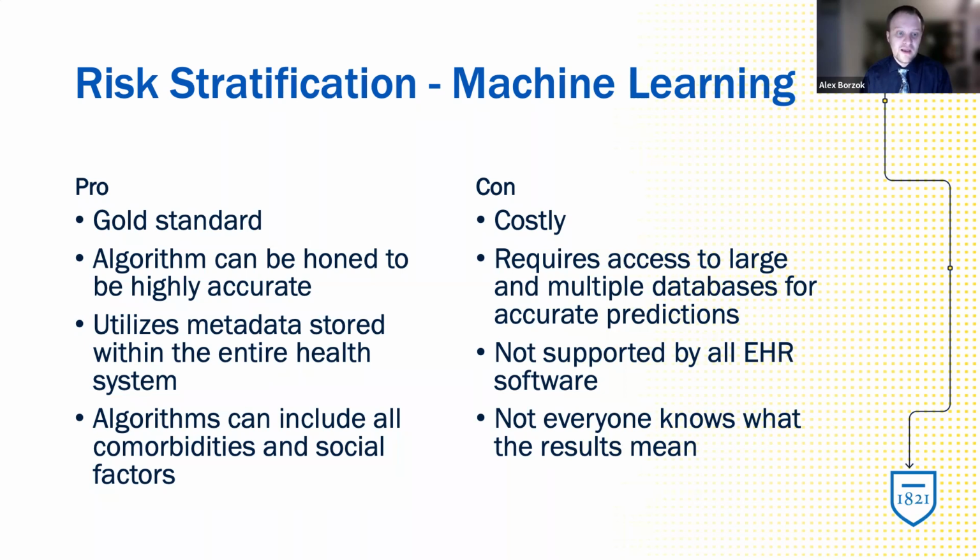This is only as accurate and as good as the data that is available to pull into this algorithm. And machine learning is not supported by all EHR software. So depending on what EMR you use, you may not even have this functionality to begin with.